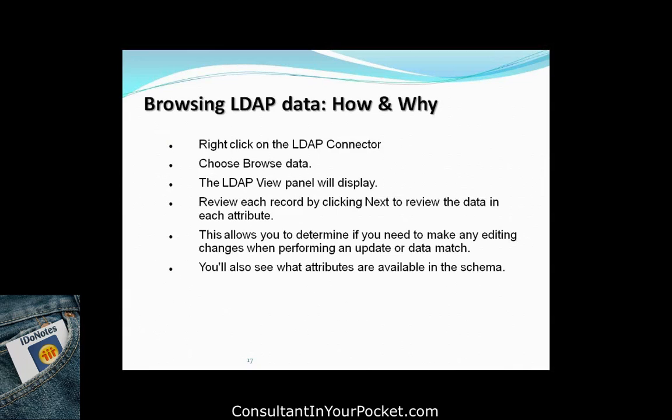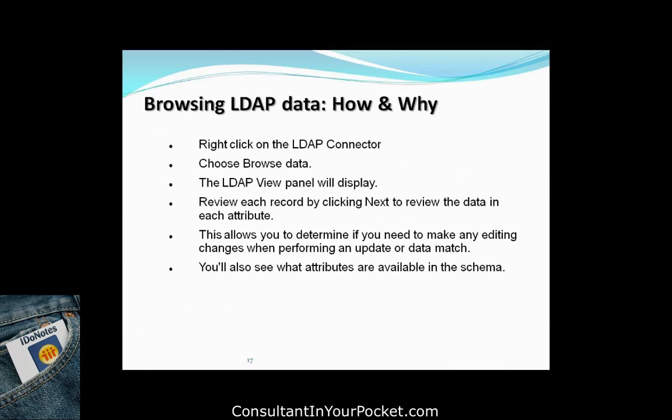And this will be really helpful later when you need to map and make any kind of parsing changes between data sources. So let's say you've got an Active Directory that, as I said, uses commas, and you needed to get it in a format where Domino uses slashes and a full canonical name. This gives you the ability to see that data as it's actually stored.